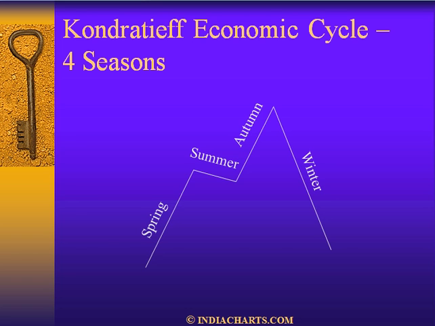And after that you end up in a winter, which requires the unwinding of the excessive financial creations of the past period, and then the whole cycle repeats all over again.